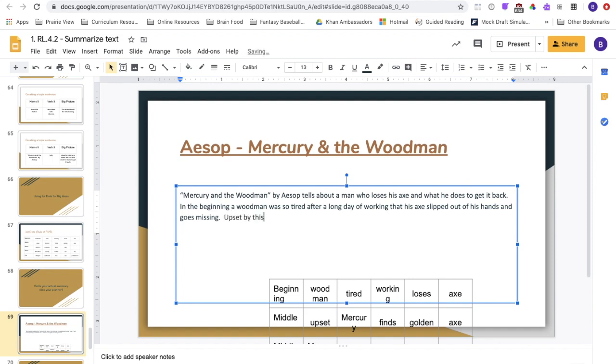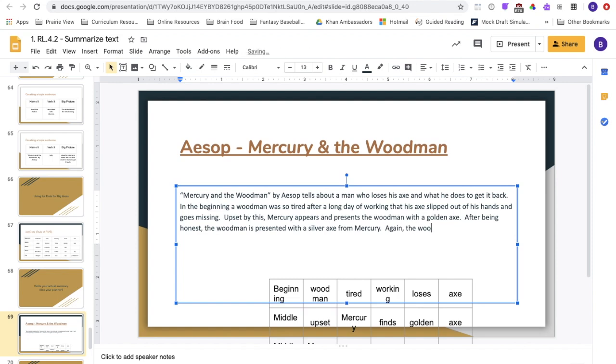Upset by this, Mercury appears and presents the woodman with a golden axe. After being honest, the woodman is presented with a silver axe from Mercury.